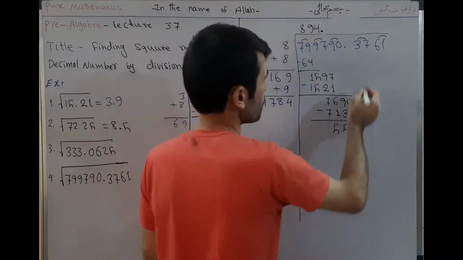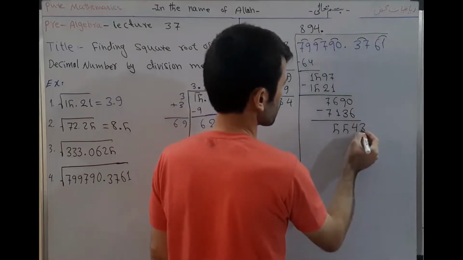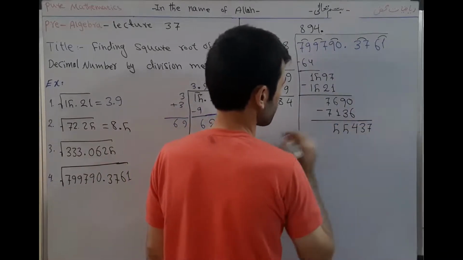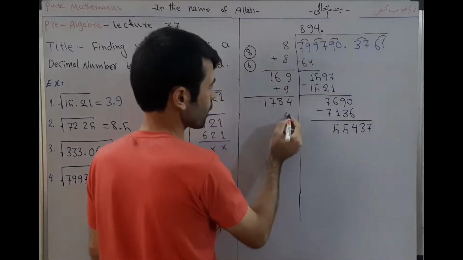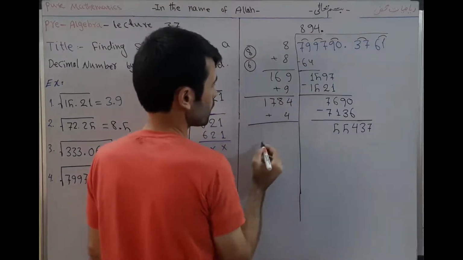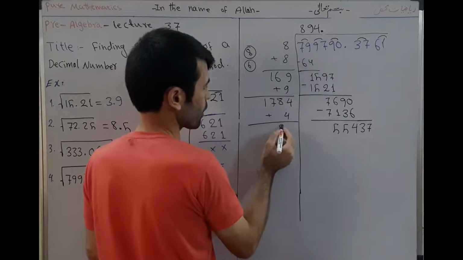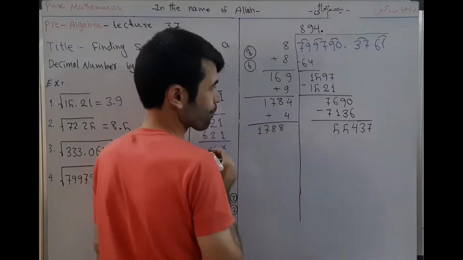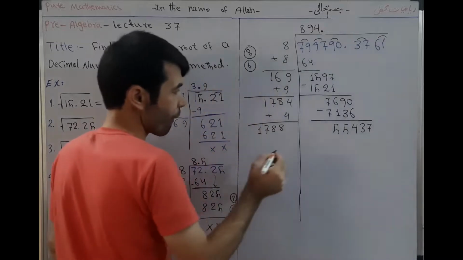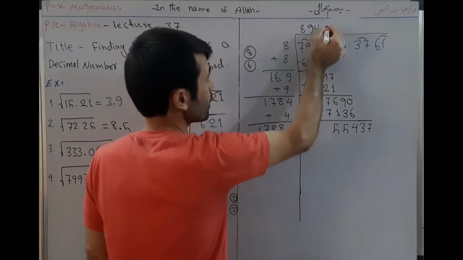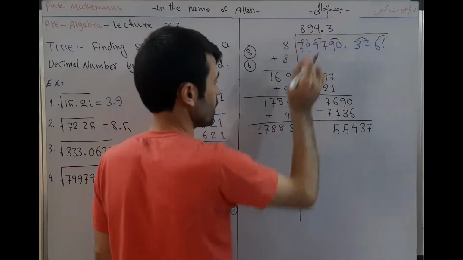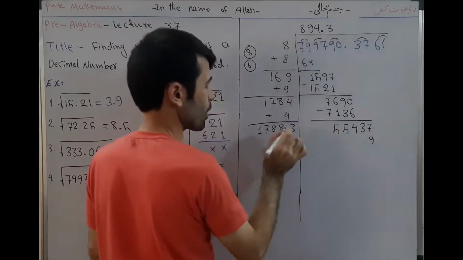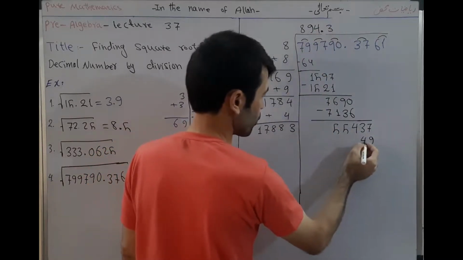Now we bring down 37. Now here we write 4. 4 plus 4 is equal to 8. 8, 7, 1. We write 3 here. 3 multiplied by 3 is 9. 3 multiplied by 8 is 24.